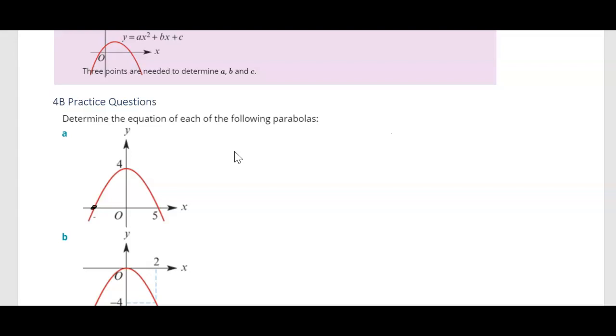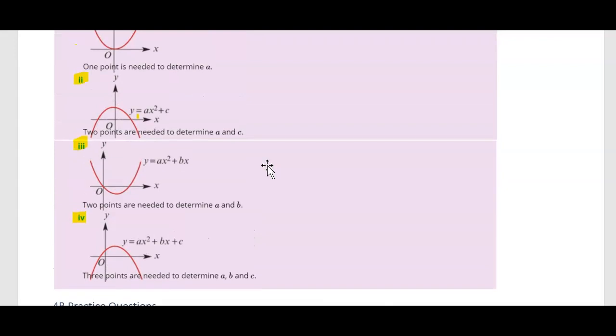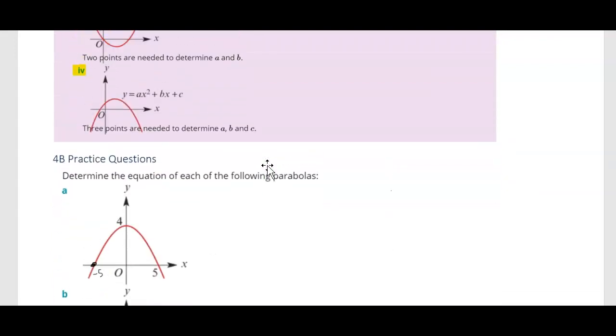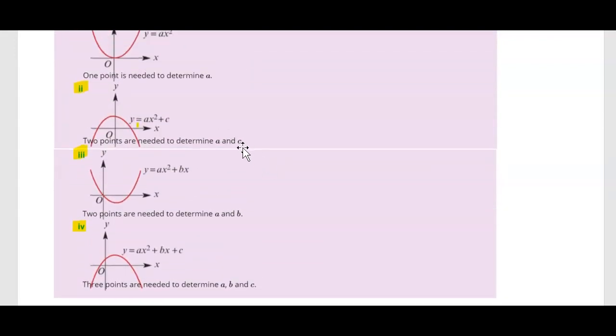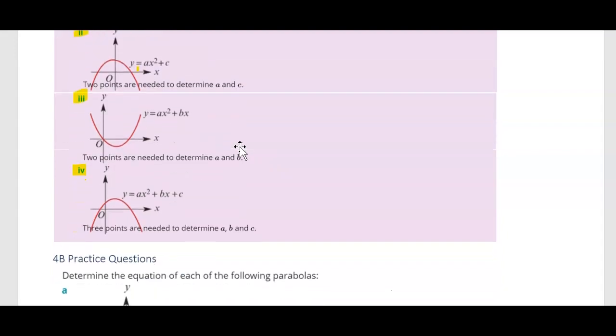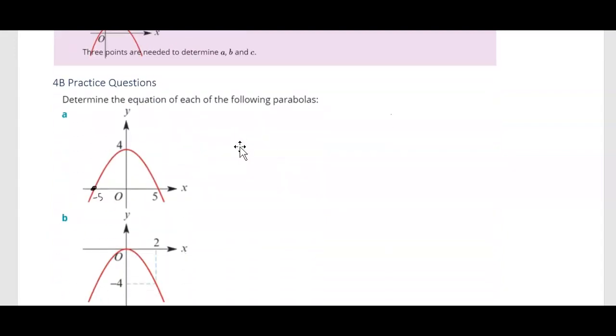Because a parabola is symmetrical, it is -5. So you could use a factorized form, but I'm going to do it using these ones here. It's similar to the second one, so ax squared plus c. I'm going to write y equals ax squared plus c.